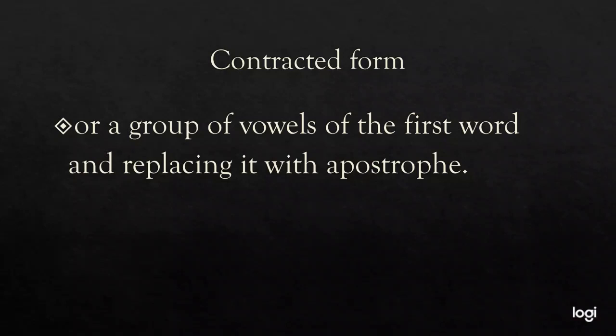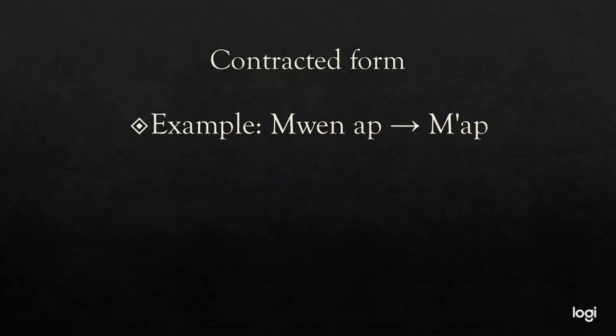So you replace the vowel, or group of vowels, that belonged to the first word with an apostrophe. Here's the example. Is that clear? It means I.